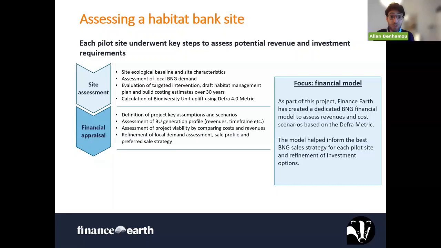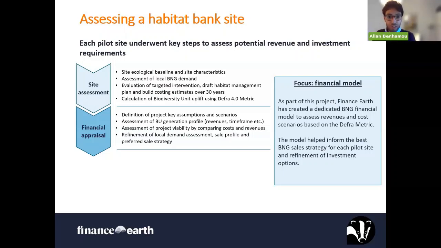The model really helped us assess what the optimal sales strategy was based on the cost profile, but also based on the underlying habitats, as for some of them the discount multipliers used by the DEFRA metric are more significant than others. The flexibility built into the model really helped us assess different scenarios and figure out the optimal approaches for each of the underlying sites, each of them having very different characteristics.